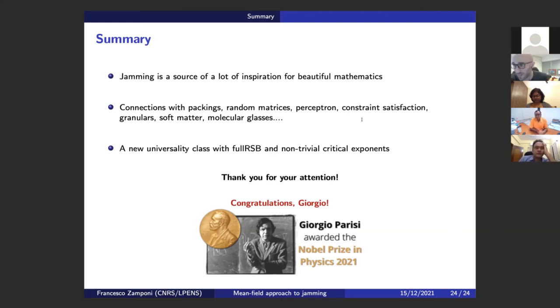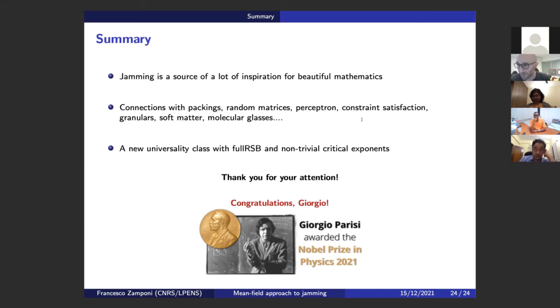And you want to train your neural network by showing examples, and you want the neural network to classify examples. So you can think that you have variables, the weights in the neural network, and you have constraints, and the constraints are that the neural network should tell that a cat is a cat and a dog is a dog.